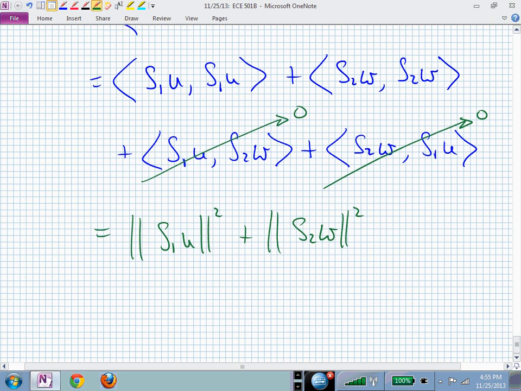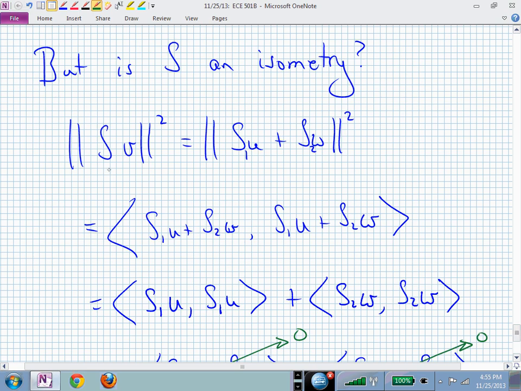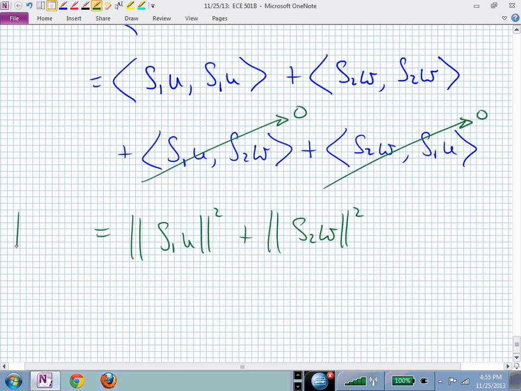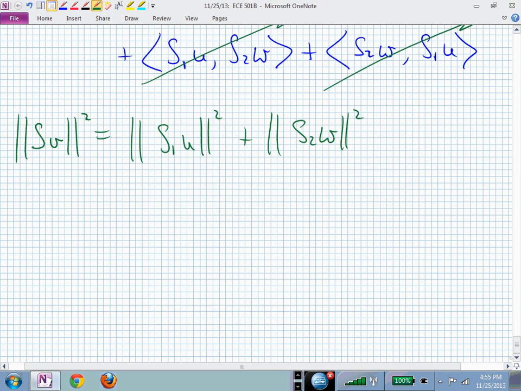But S1 and S2 were isometries by the way we constructed those. So now, if I bring this piece down, I have the norm of SV squared is equal to that. But S1 and S2 by construction were our isometries.